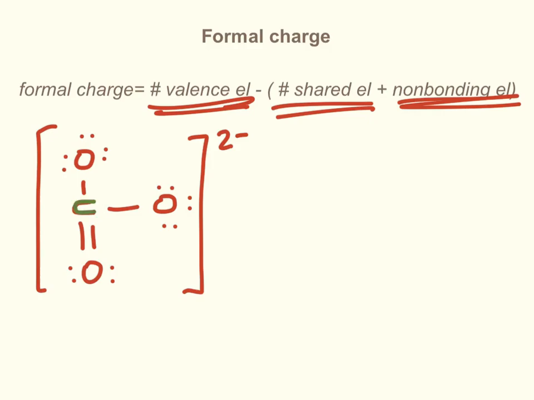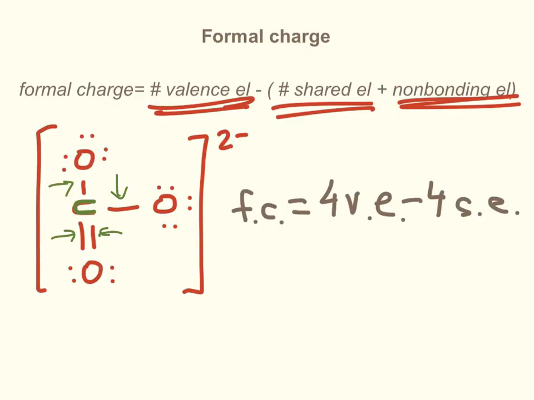Carbon has 4 valence electrons and it has 4 bonds around, which means it shares 4 electrons, and there are no lone pairs or non-bonding electrons around. So, by using the formula, formal charge equals 4 valence electrons minus 4 shared electrons. Formal charge, therefore, is equal to 0.